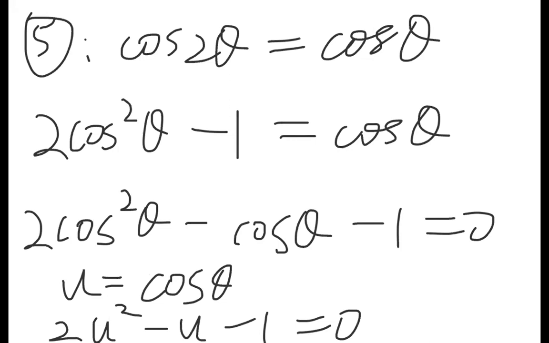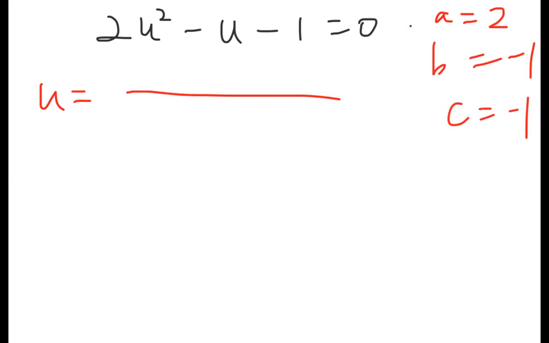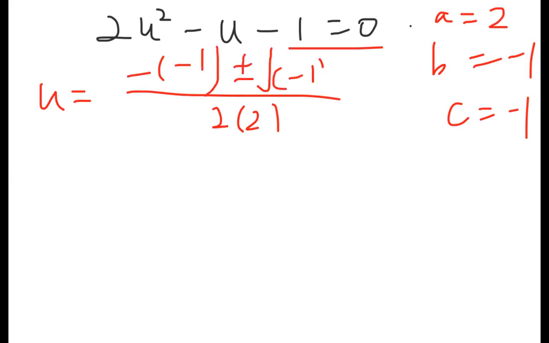Right? And to solve the quadratic equation here, you use the quadratic formula. In this case, a is 2, b is minus 1, c is minus 1. So u is equal to minus b plus or minus the square root of b squared minus 4ac, over 2a.